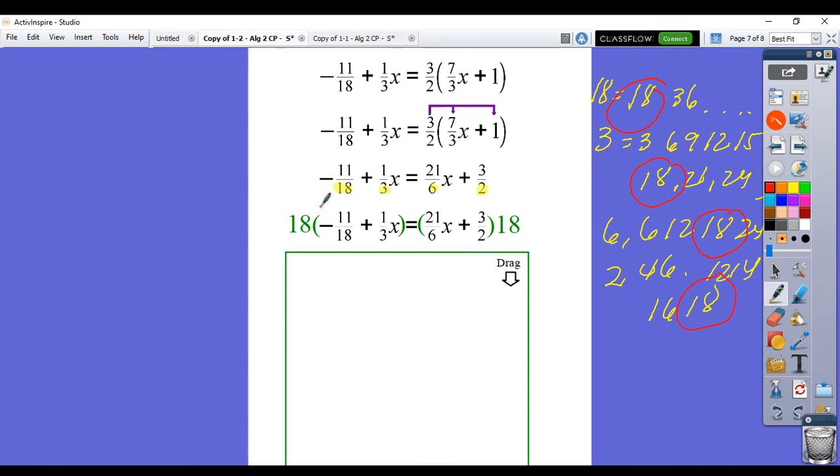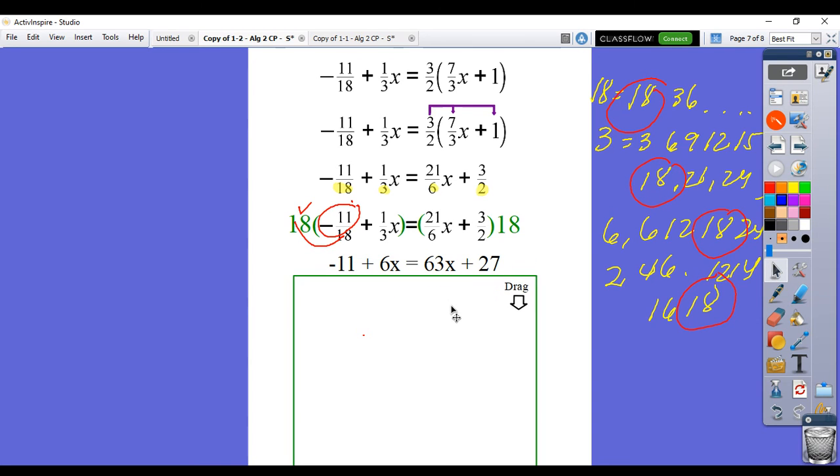For me, if I'm not using a calculator, 18 times negative 11 over 18, I will always divide it first by the denominator. If I do that, 18 divided by 18 is going to be 1 times negative 11. The answer here is negative 11. Let's see if I'm right. There you go.